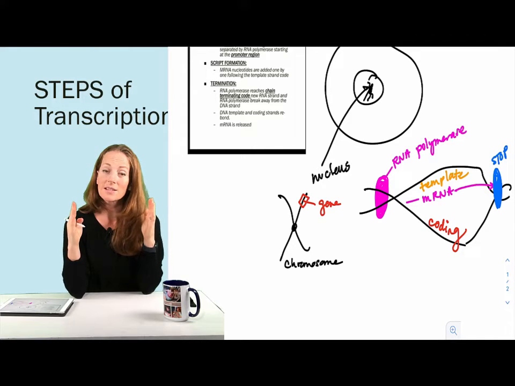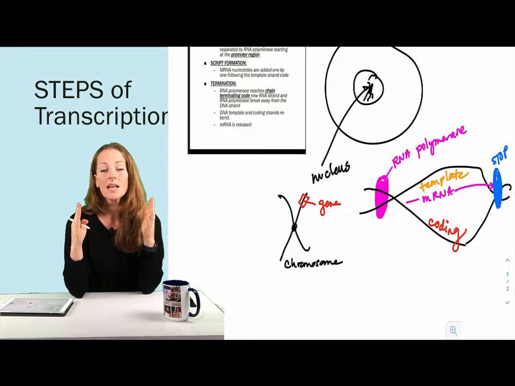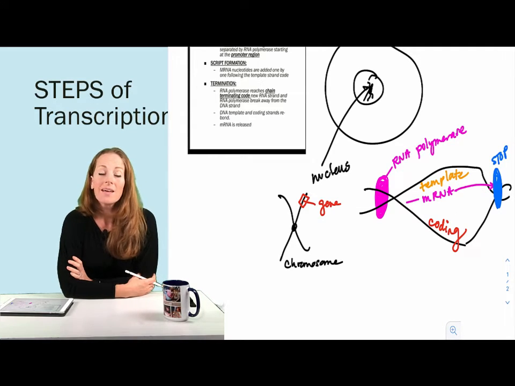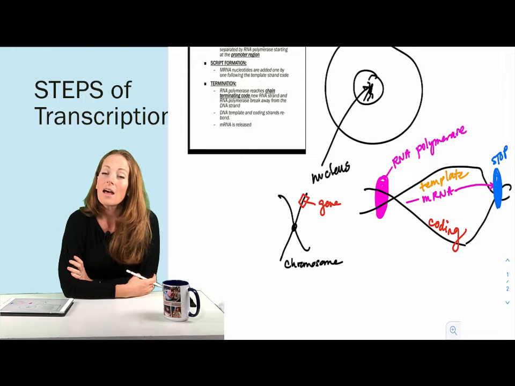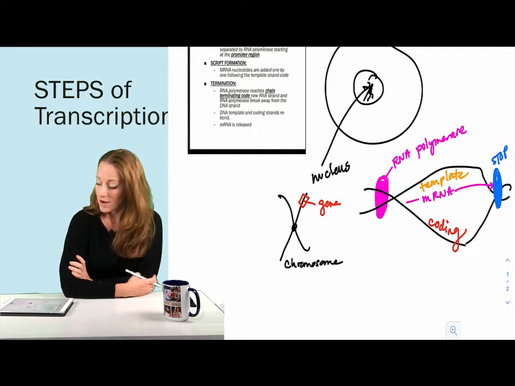RNA polymerase is one of the many enzymes that helps to regulate this process. I'm not going to ask you to memorize all of the different enzymes, but I want you to understand that RNA polymerase both attaches to the promoter and unwinds the DNA. And then it adds nucleotide by nucleotide to form the mRNA strand.